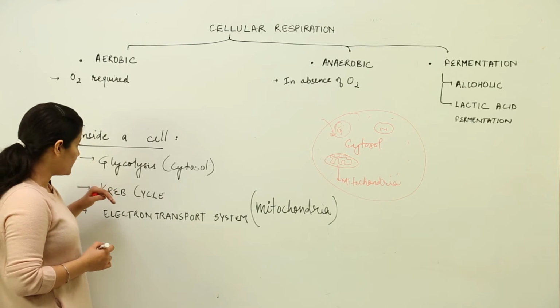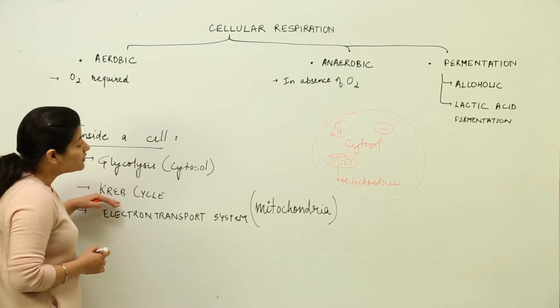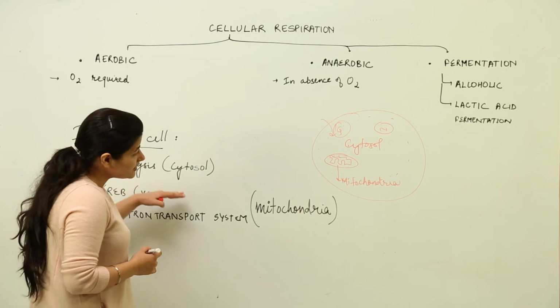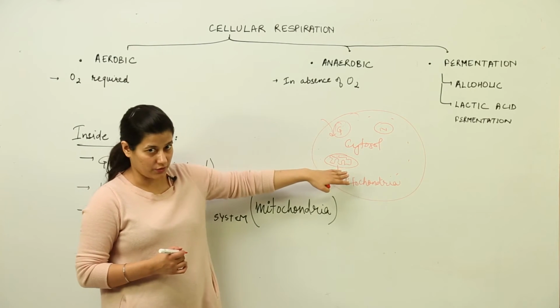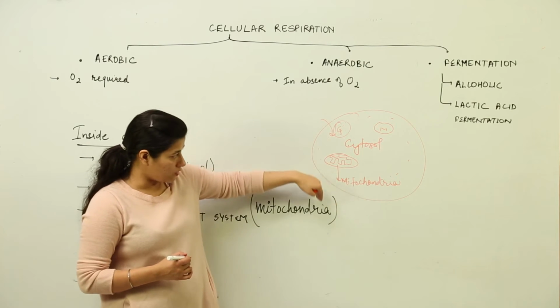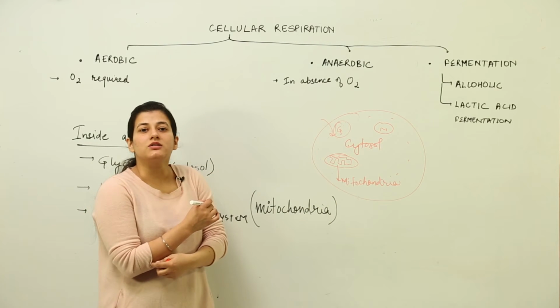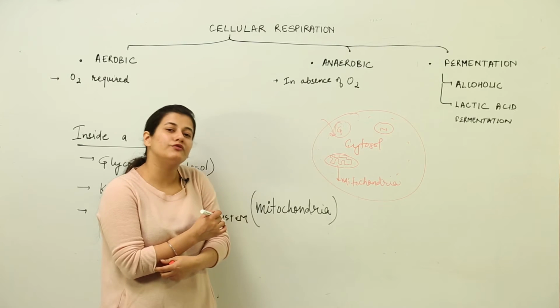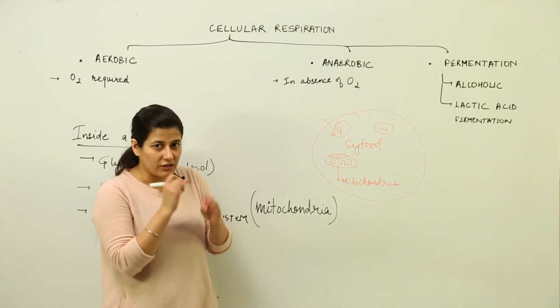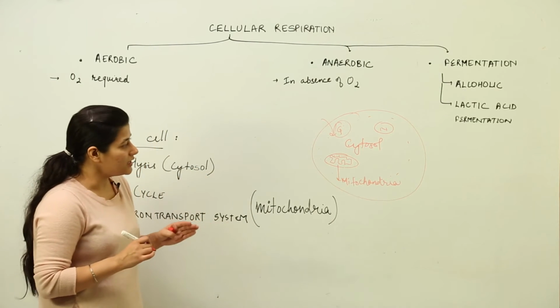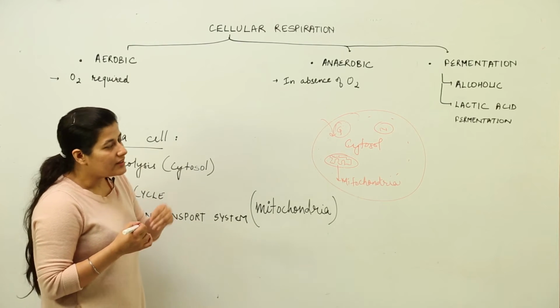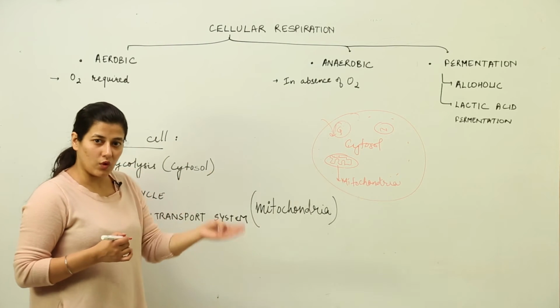I'm sorry, I said Krebs cyclic, it's the Krebs cycle or the TCA cycle. This cycle takes place inside the mitochondria. This process causes the release of 3 carbon dioxide molecules from each pyruvic acid. We would discuss those processes in detail, but for now you need to understand that we wanted carbon dioxide and water as an outcome.